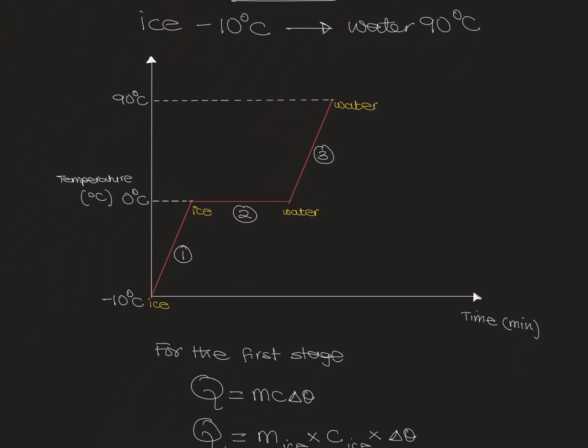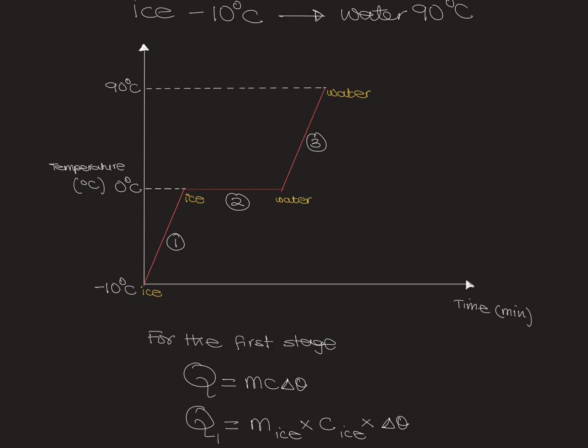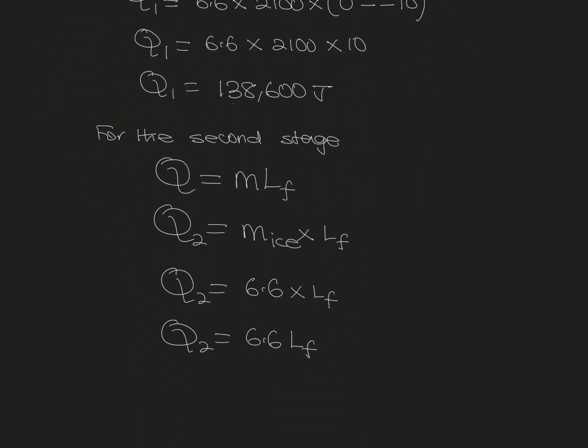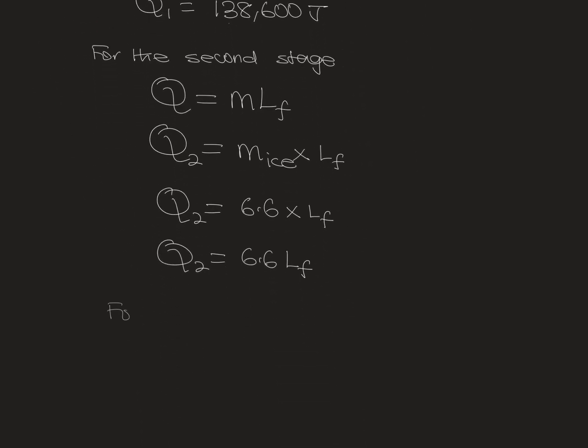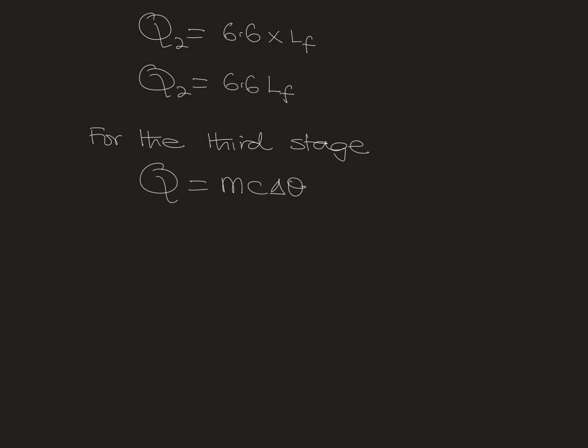The third stage, we have water at 0 degrees Celsius that is converted to water at 90 degrees Celsius. For the third stage, we will use Q is equal to MC delta theta, because there is a change of temperature of the water from 0 degrees to 90 degrees Celsius.